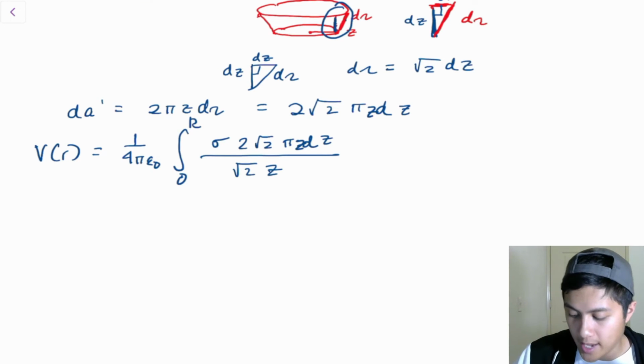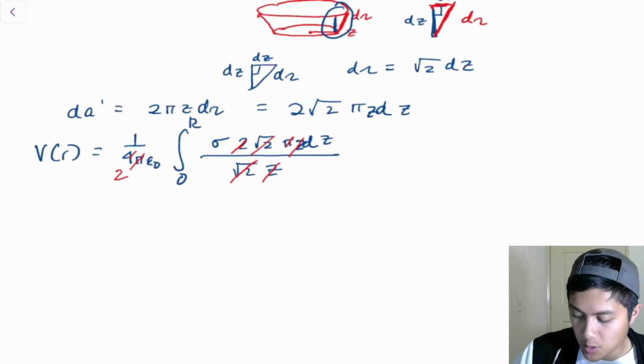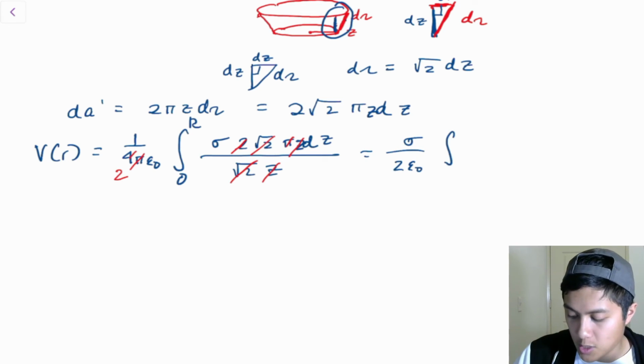And we can cancel some things. There's a z in the denominator and a z in the numerator. There's a root 2 and a root 2 canceling. There is a pi canceling with a pi. There's a 2 canceling with a 4 to give a 2 right there. So a lot of canceling, but this just reduces to sigma over 2 epsilon 0 times the integral from 0 to r. We just have dz, there's nothing else left in the expression.